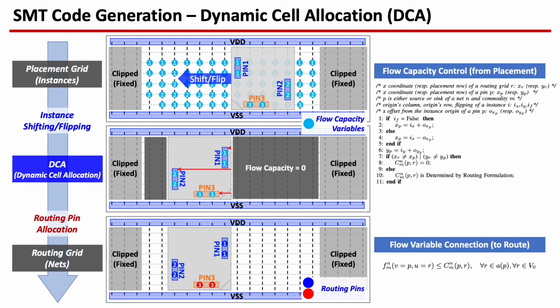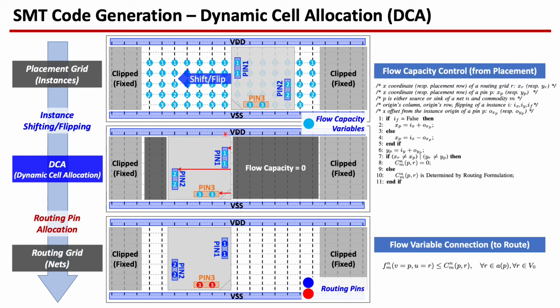The placement and routing formulations are integrated into a single problem through the dynamic cell allocation. When locations of instances are determined by the placement formulation, the flow capacity variables of each instance's pins are conditionally assigned to the corresponding locations according to the placement status of each instance.